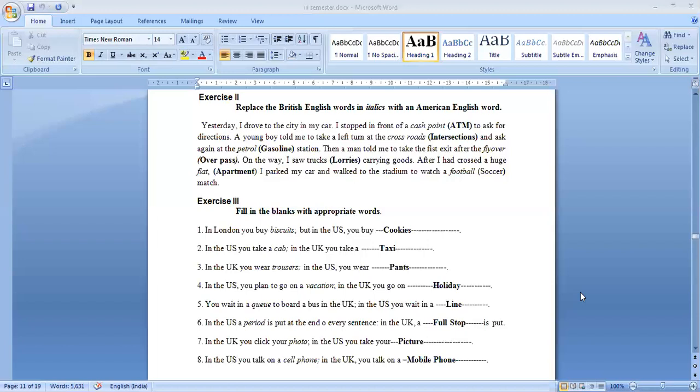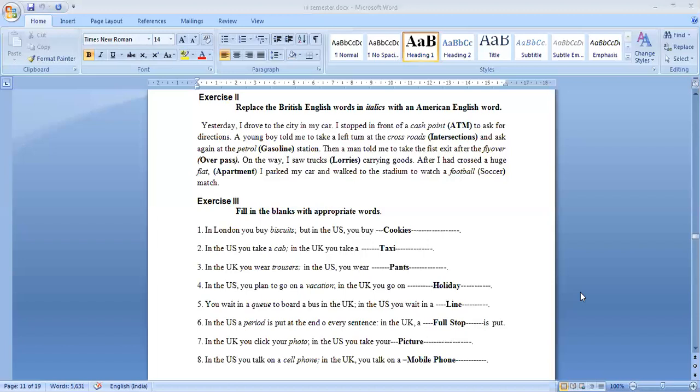So on the way while going, I stopped in front of a cash point. Actually this word cash point is a word that is used by the British people.